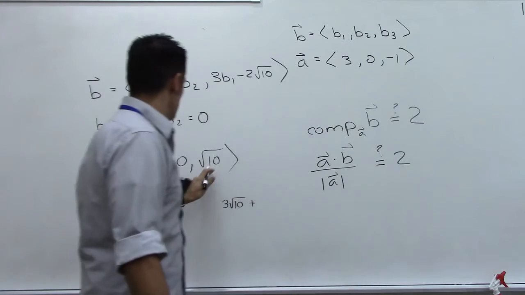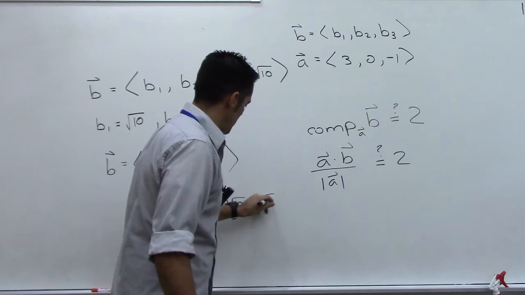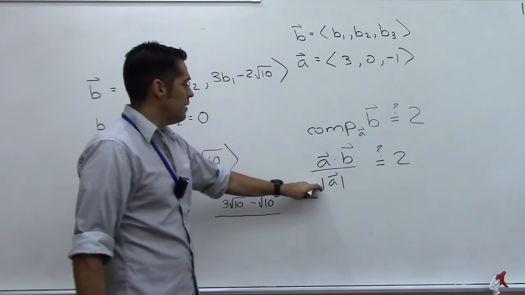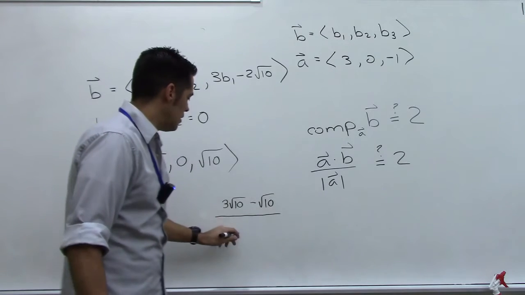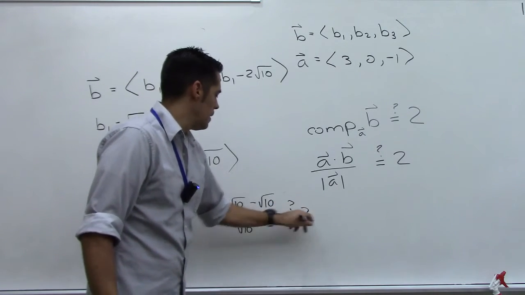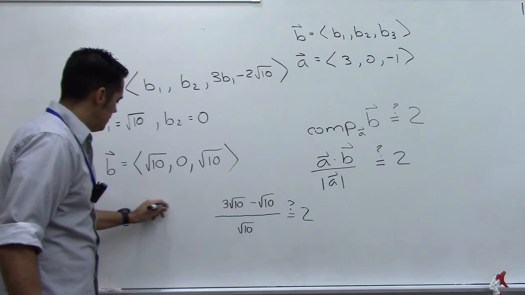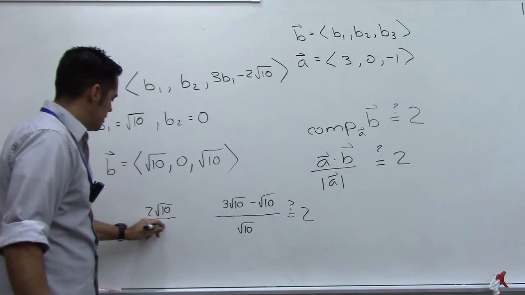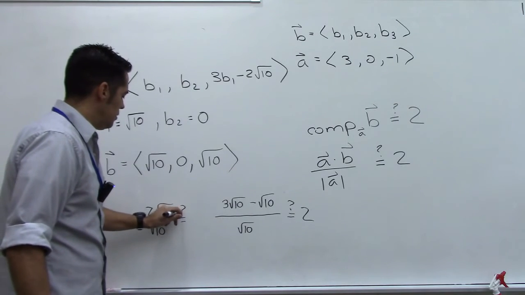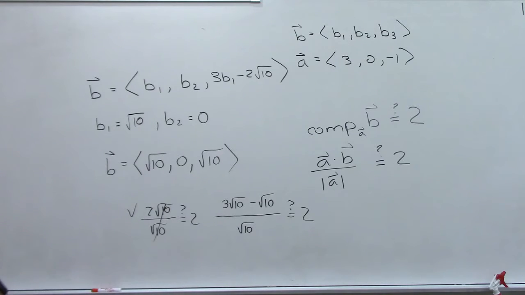Then negative 1 times root 10 is negative root 10, so minus root 10. Over the length of A, but we did that earlier, that was root 10. Question is that equal to 2? Well, 3 root 10 minus root 10 is 2 root 10 over root 10. Is that equal to 2? Root 10's cancel, check. So it works.